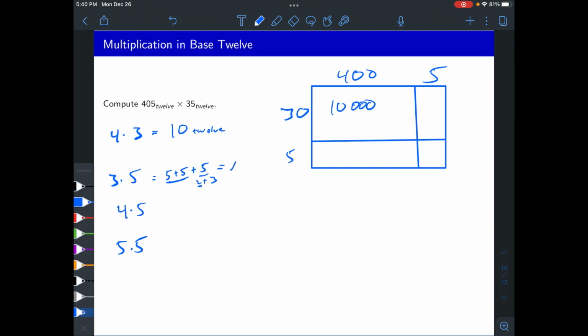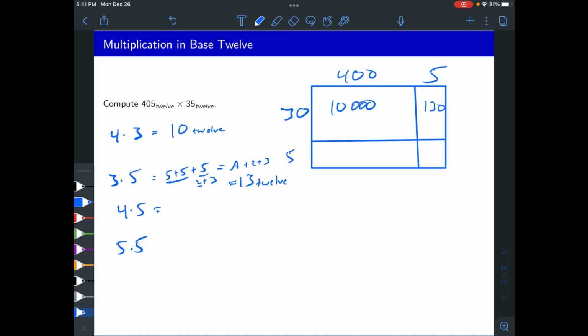By the way, if I wanted to write this in more steps, this would be A plus 2 plus 3 if I'm doing the base 12 digits. And then the A and the 2 are going to combine to make one group of 12 and then 3 left over. So this would be 13, base 12. Wait, sorry. 3 times 5, that goes up here. So 130.